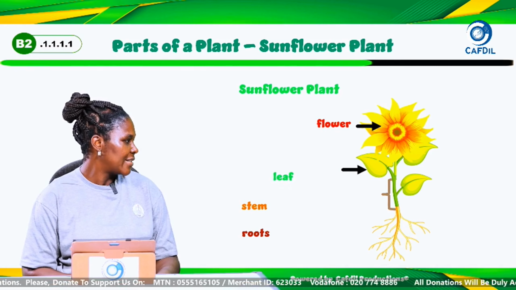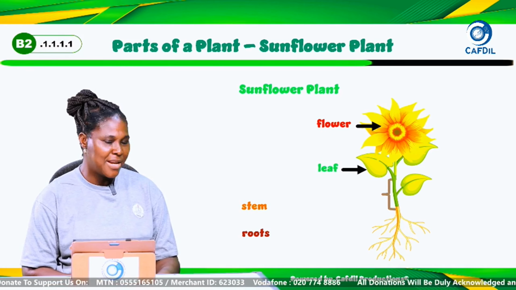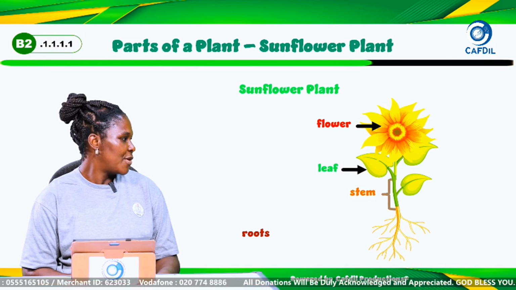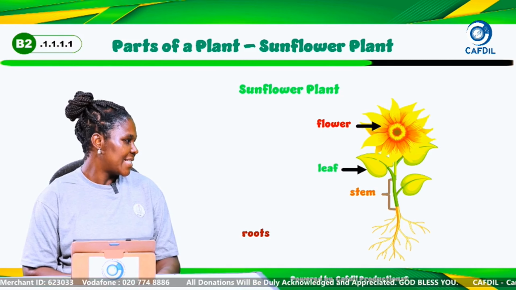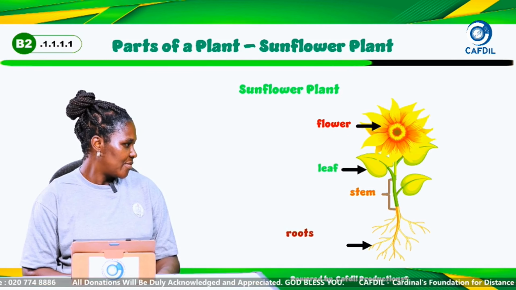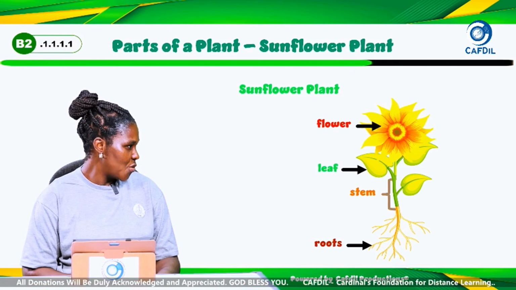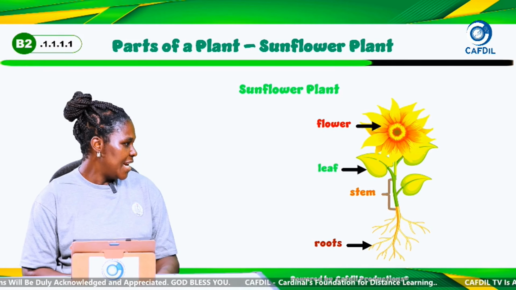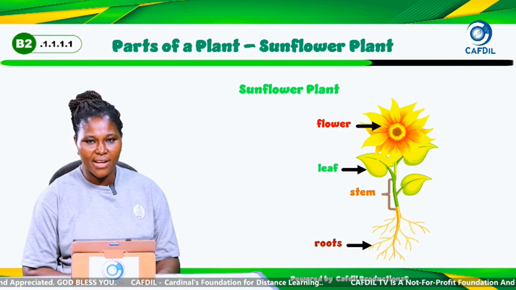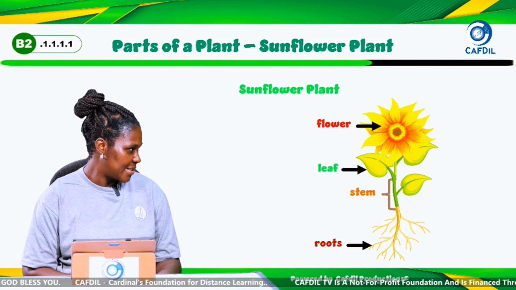This one, we have leaf. When there are many, we say leaves. We have the stem, and then the roots. So we have flower, leaf, stem, and roots of the sunflower plants.